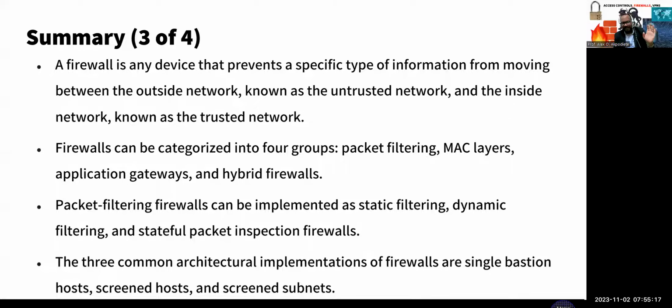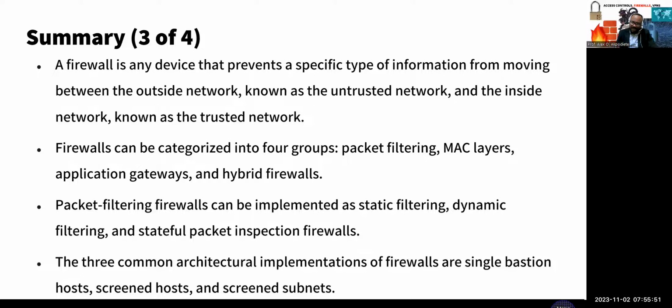We briefly looked at Bell-LaPadula and the Biba integrity model. Bell-LaPadula is for confidentiality. Then firewalls. Remember the firewall implementations, whether static filtering, dynamic filtering, or stateful packet filtering. Remember that firewalls work at multiple layers. You can have a hybrid, but you have application layer firewalls, MAC layer firewalls, and of course packet filtering firewalls, and then a hybrid of the two.